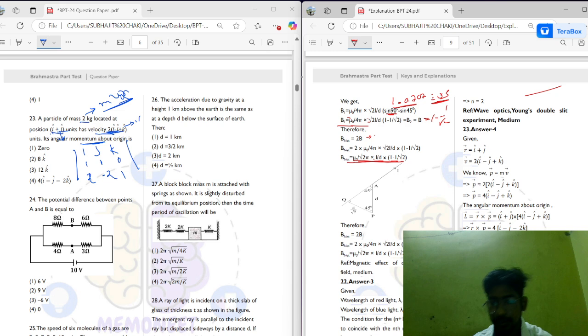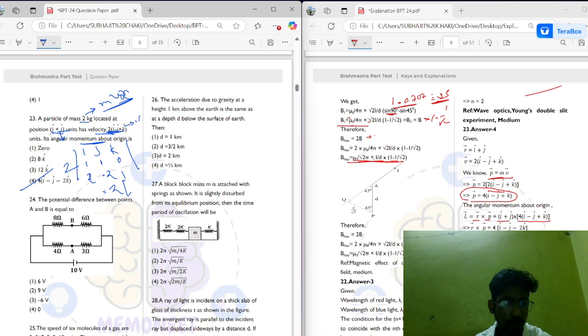What I am calculating is v r, so we have to multiply by this 2 only. So this will be equal to 2 minus 2, which means 4i.